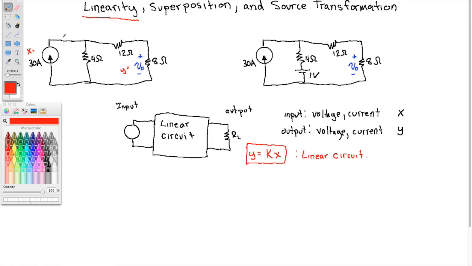In terms of this picture, here's what's in the box. Okay, I want to determine if this is a linear circuit. So can I write Y, the voltage across the 8 ohm resistor, as some number times X, that current?